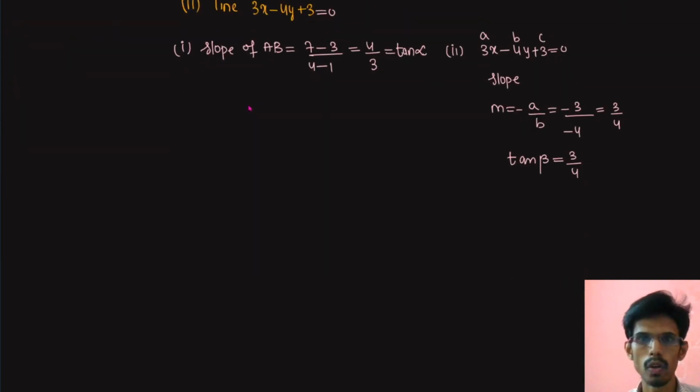Right, now from here I got the value of tan. Here I am getting inclination alpha, tan alpha is 4 by 3. Here I am getting tan beta, that is the inclination, 3 by 4. So which one is greater, 4 by 3 or 3 by 4? Obviously 4 by 3 is greater. So I can say that tan alpha is greater than tan beta.